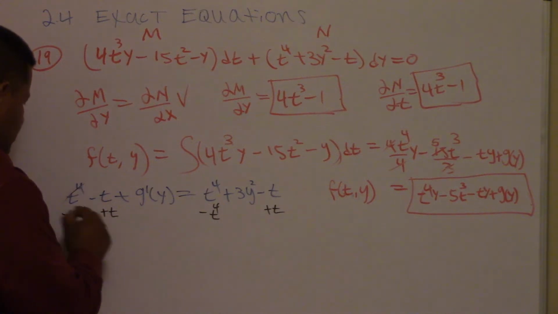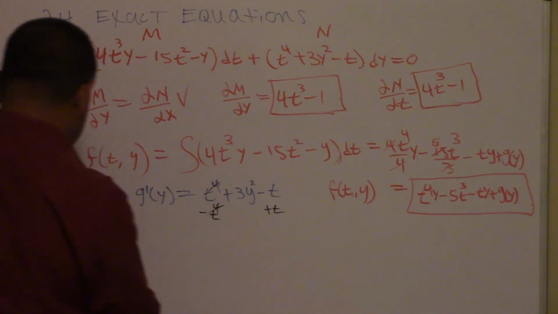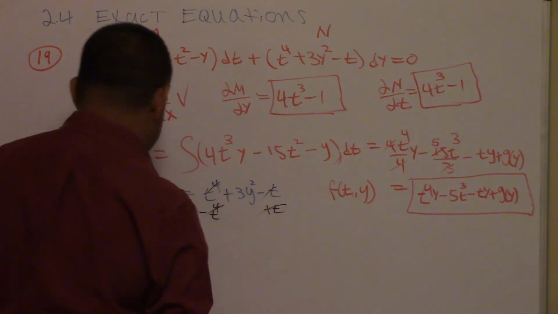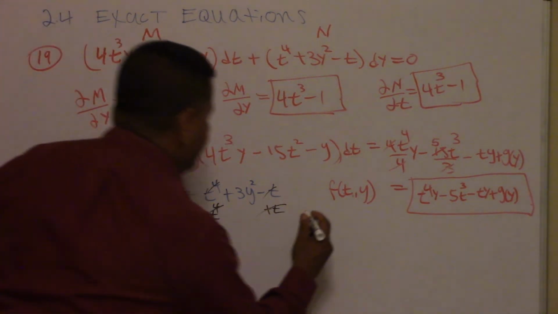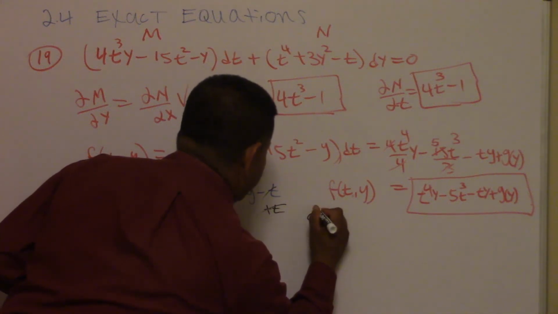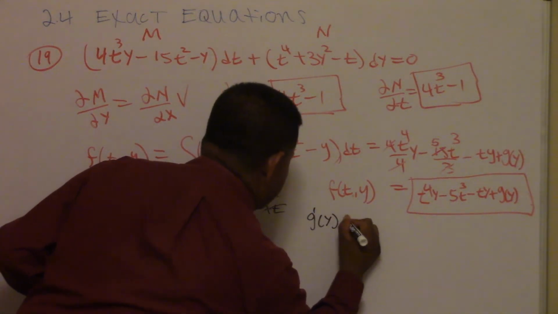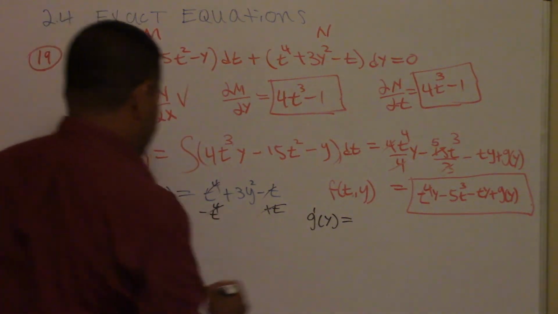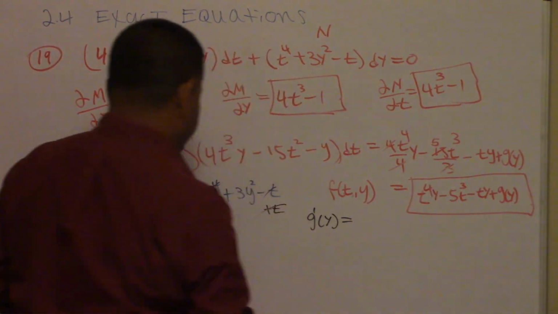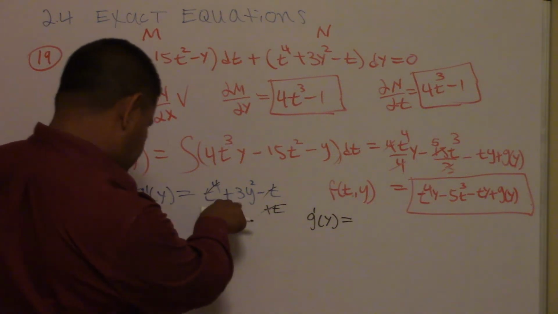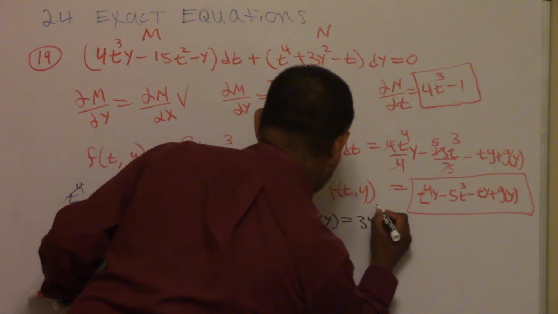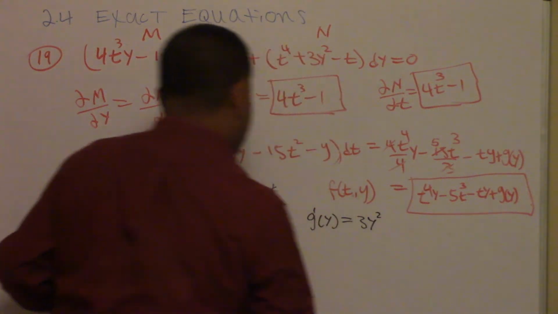See, this cancels, that cancels, this cancels, and this cancels, and I am left with g prime of y equal to 3y squared.